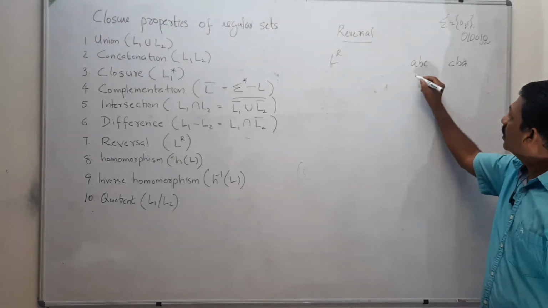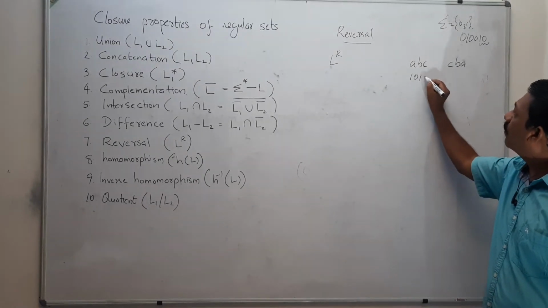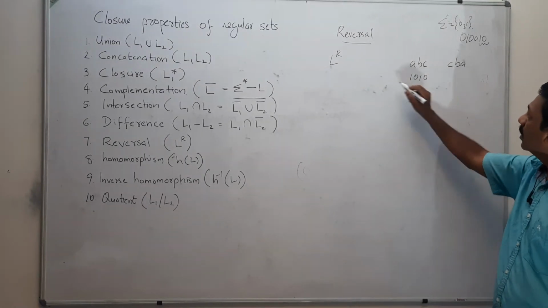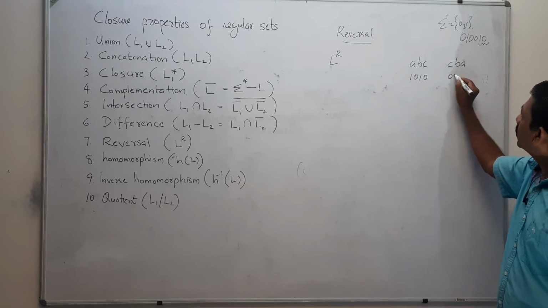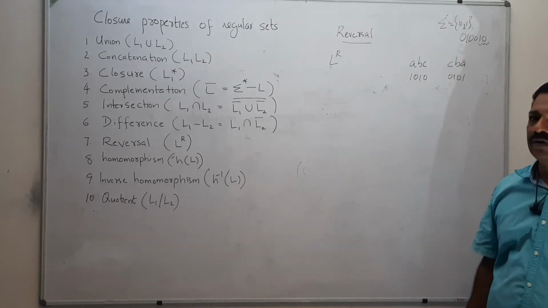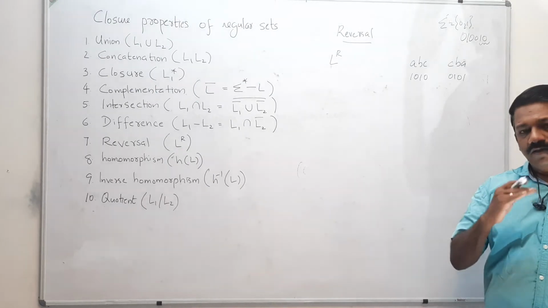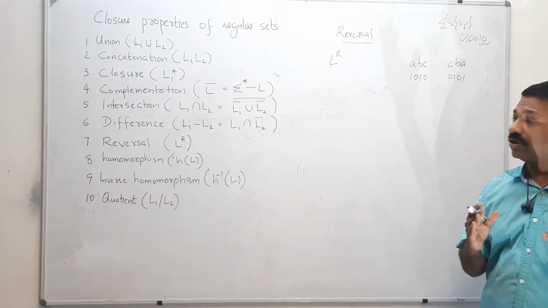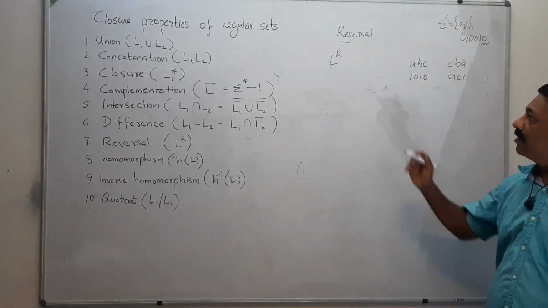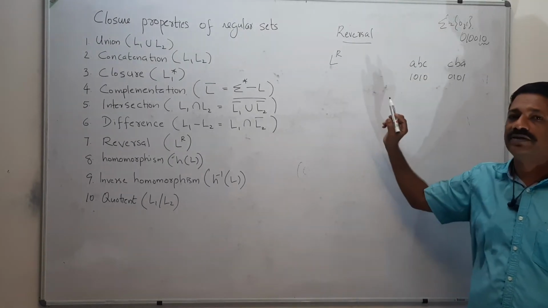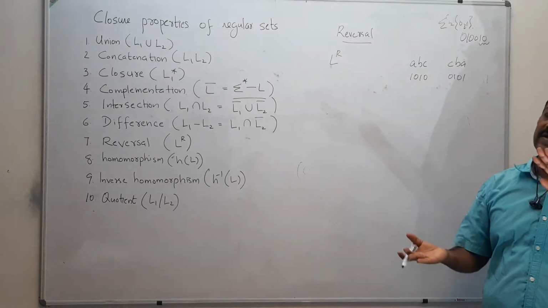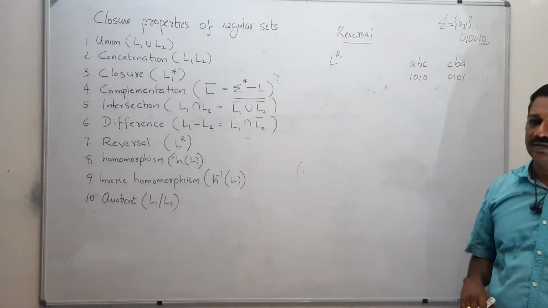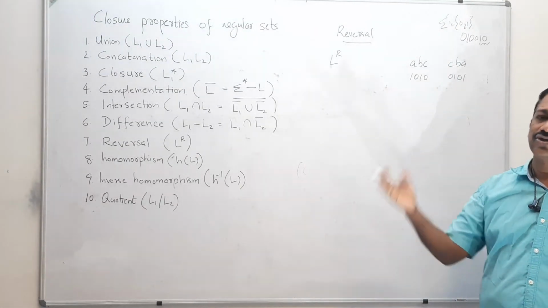For example, if it is accepting 1010, then L raised to R is accepting 0101. That means every string that is accepted has to be reversed.